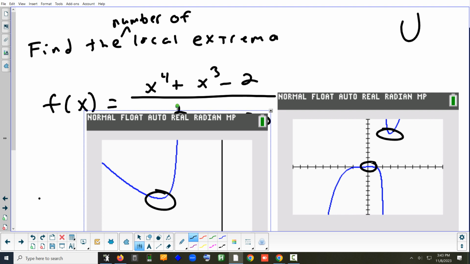So if it goes like this and then like this, that's not a local minimum there. To be a local minimum, it would actually have to go from being positive slope to then turn and go down. And I don't think it ever does that. All right. So I think on this one you're going to get 3 local extrema.